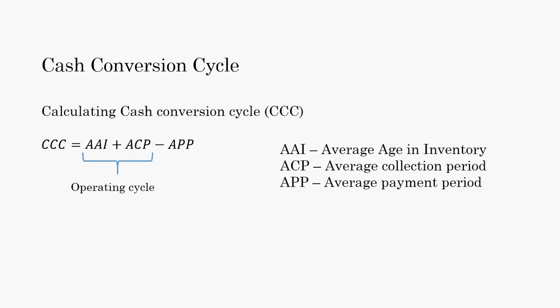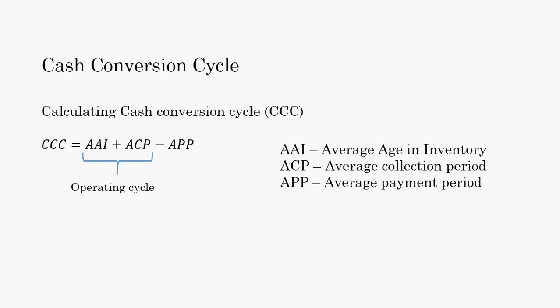To calculate the cash conversion cycle, the formula is average age of inventory plus average collection period minus average payment period. Average age of inventory is the number of days that the raw material or finished product stays in your inventory. Average collection period is the number of receivable days, the days you take to collect your receivables.